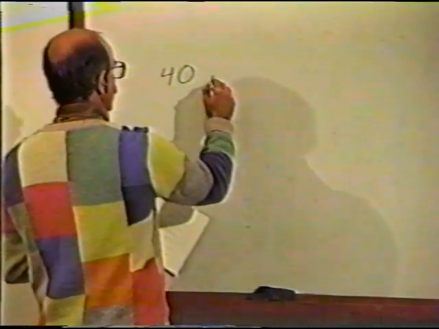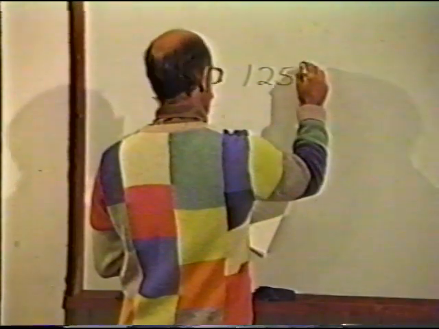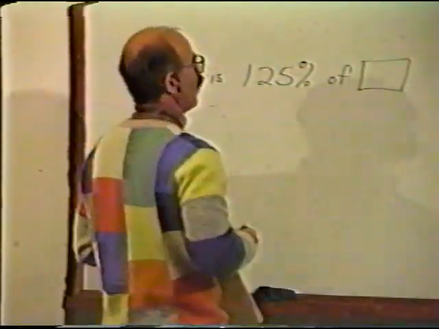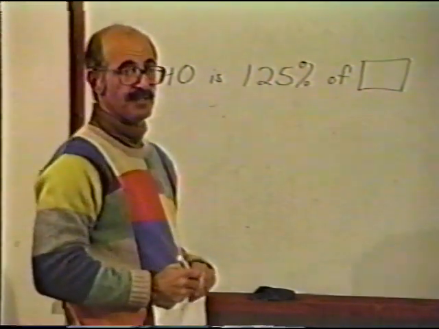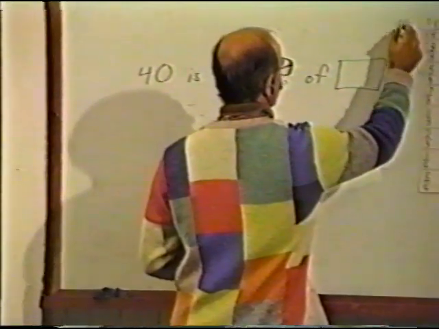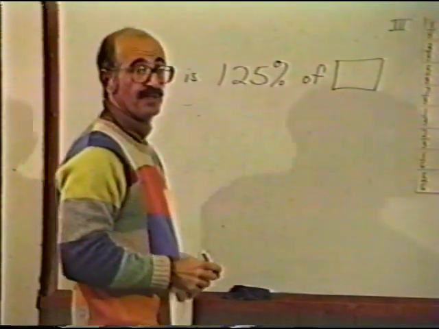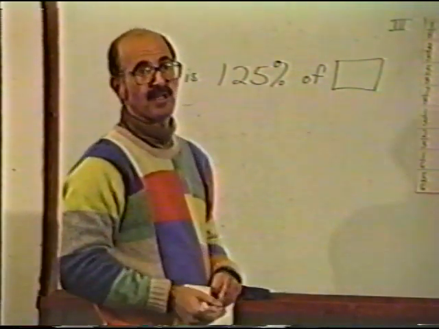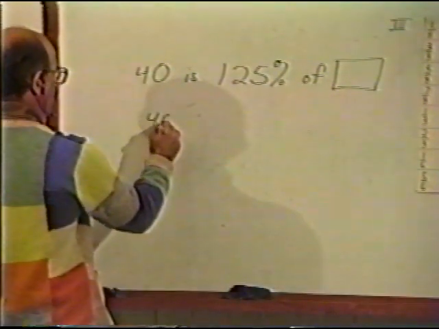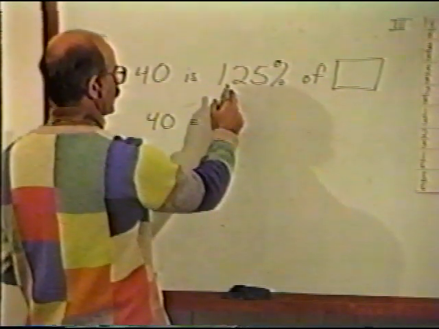Forty is 125% of what? What type of problem is that? That is a type 3 problem, the kind where you don't know how much is the whole thing. 40 equals 125%.